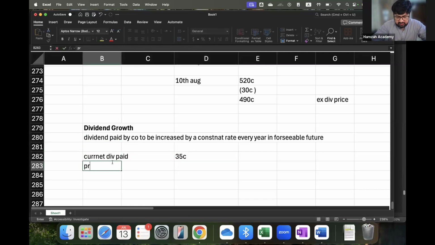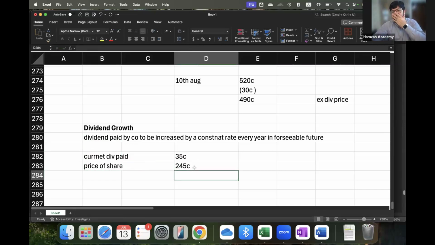The price of the share, which is ex-dividend, is 245 cents. Now, the cost of equity we need to calculate, if dividend growth every year is 4%.